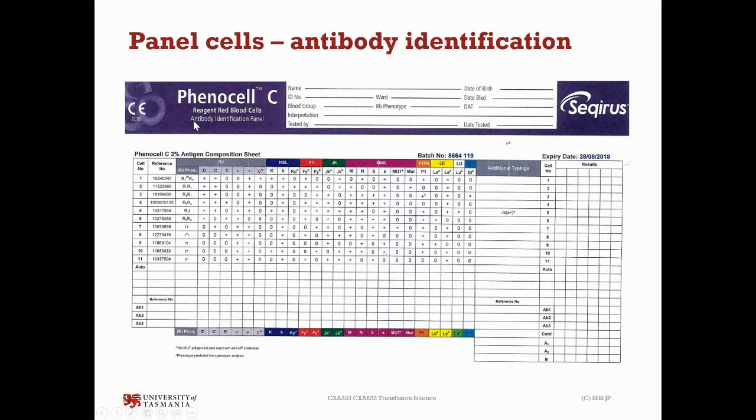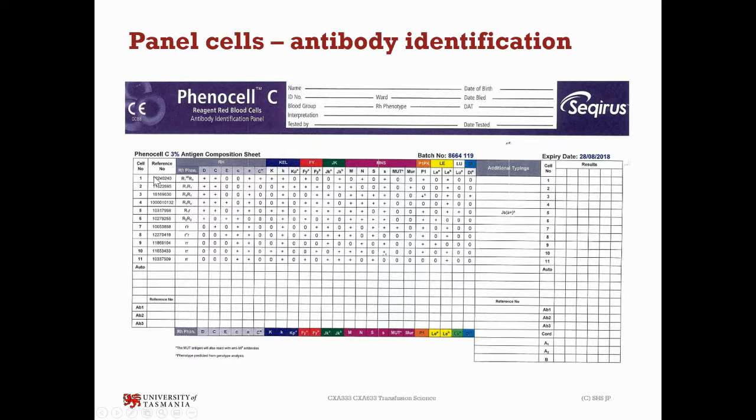So you can see here, antibody identification panel. If we do use a set of panel cells to identify an antibody, you need to write the patient's details up here, and also your details, your initials or your name, and the date that you tested it.